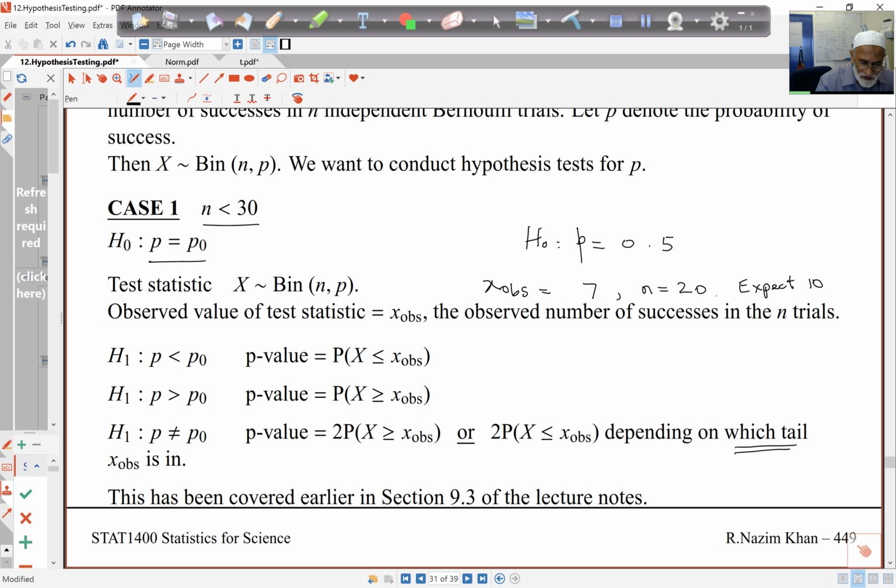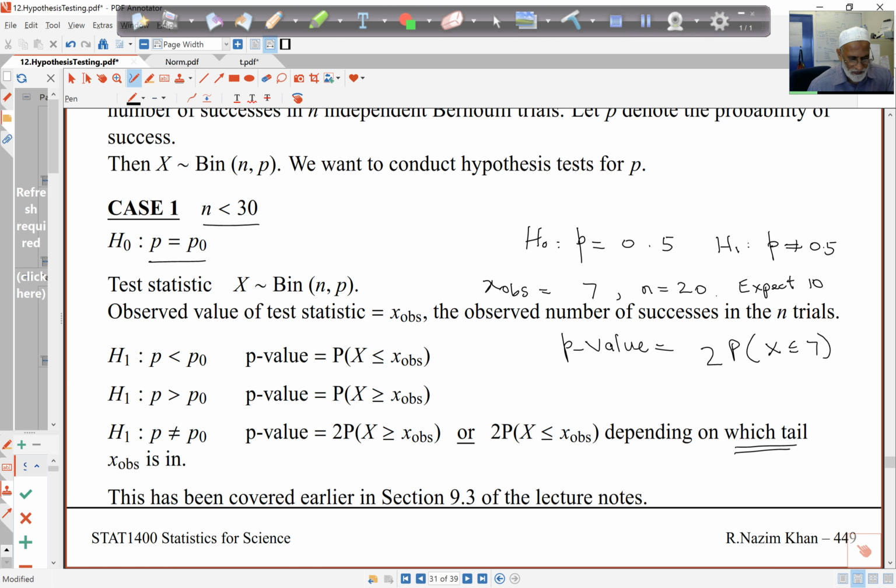So for a two-sided test, if my H1 is that p is not equal to 0.5, then the extreme as far as the tail is concerned, with respect to 10, is the probability that x is less than or equal to 7. Doubling that is what will give me my p-value for a two-sided test.